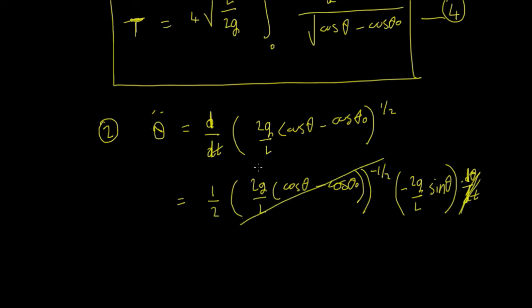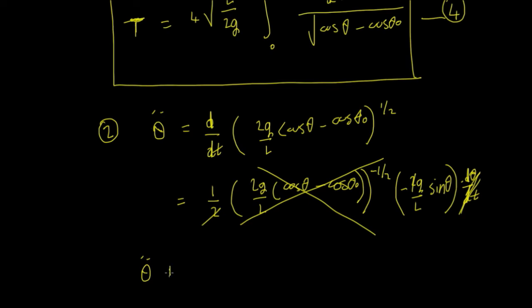You can convince yourself of that however you look at it. The 2 cancels with this 2 here, so you end up with theta double dot equal to minus g upon L sine theta, so I'll take that across to the other side.